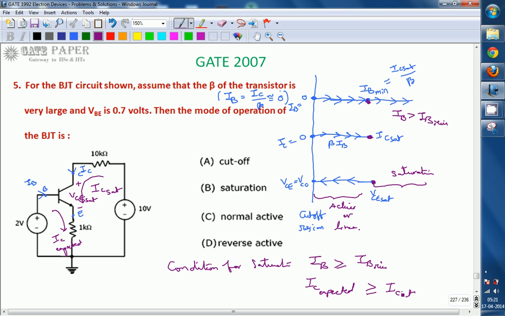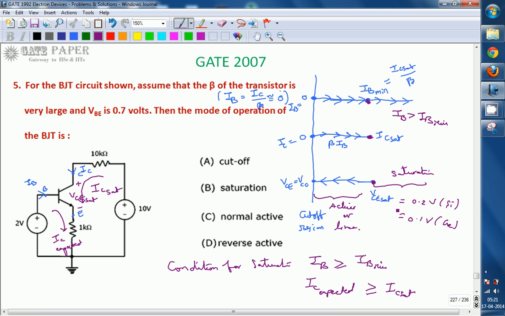IC saturation can be calculated by substituting VCE as VCE saturation, and VCE saturation has specific values: 0.2 volts for silicon and 0.1 volt for germanium, for an NPN transistor.